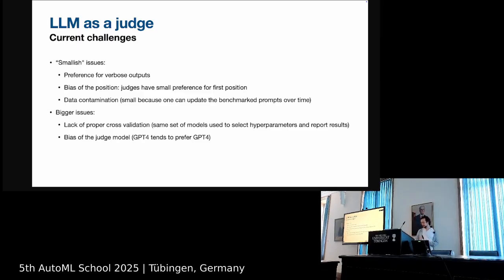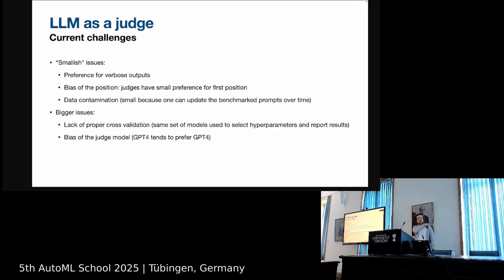So obviously, if your metric is how well you can rank models, you should use a different set of models to evaluate and select your models than to report your performance. That's clear. Another big issue is that the judges tend to prefer their own output.